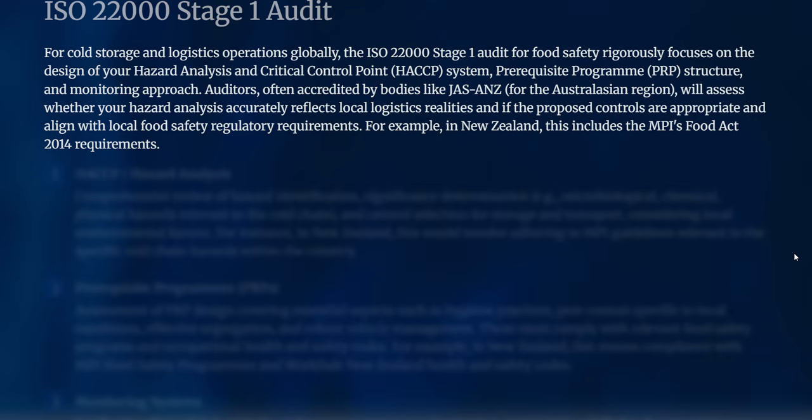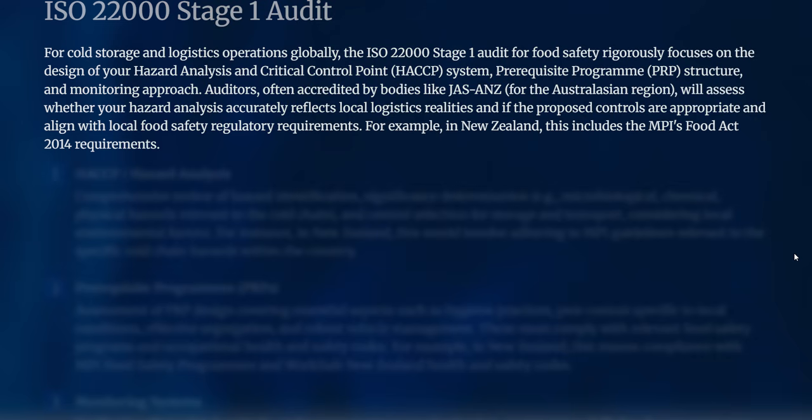These are the main focus that you need to think about, and we will now facilitate how to get through it. Auditors, often accredited by bodies, will assess whether your hazard analysis accurately reflects local logistics realities and if the proposed controls are appropriate and aligned with local food safety regulatory requirements. So they will assess that.